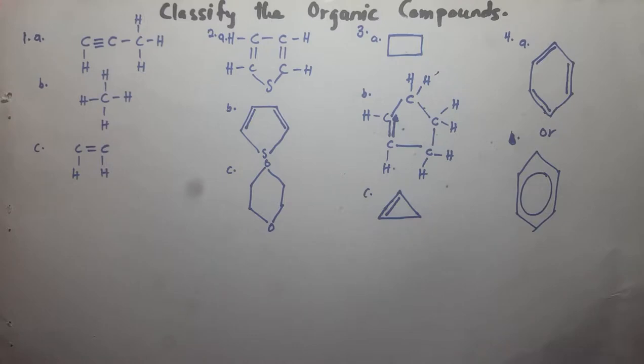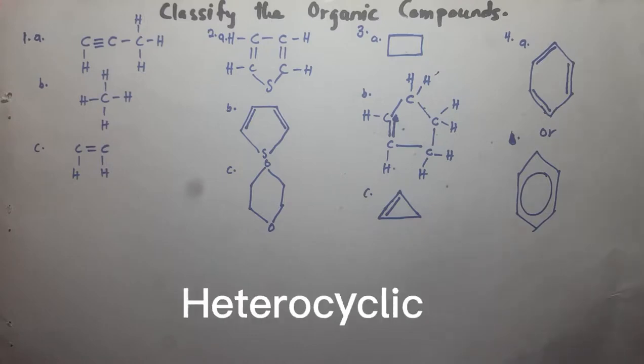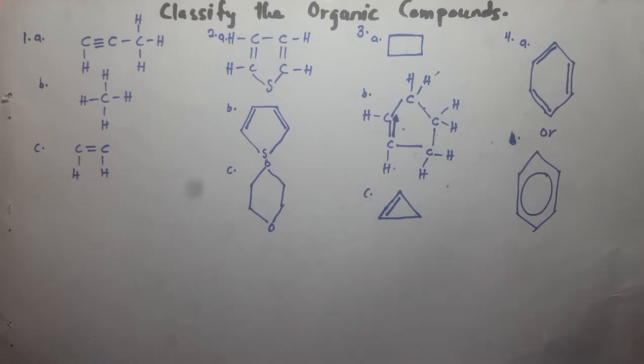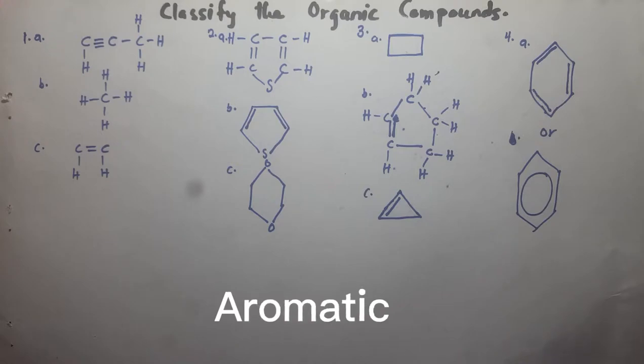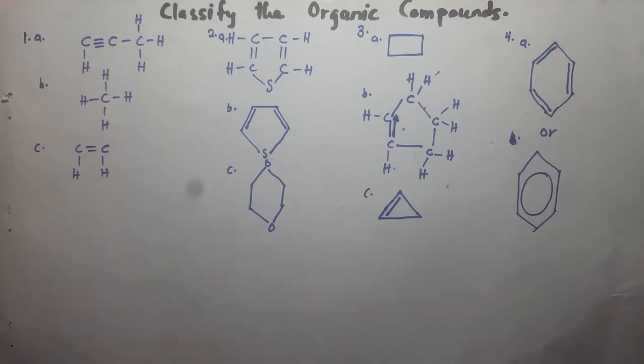With heterocyclic, the molecules consist of closed rings of carbon, and they include either oxygen, nitrogen, or sulfur. With the aromatic compounds, they contain one or more benzene rings, and we mentioned what benzene rings are. So let's look at the first one.